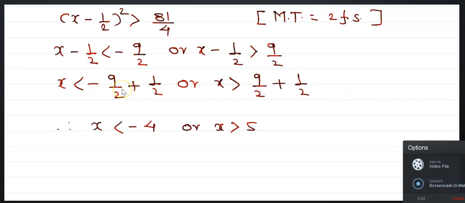Now if we simplify this, minus 9 by 2 plus 1 upon 2, you will get minus 4. And if we add these two, 9 upon 2 plus 1 upon 2, then you will get 5. That is x is greater than 5. What's happening here? x is less than minus 4 and x is greater than 5.